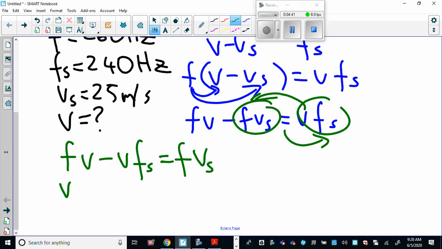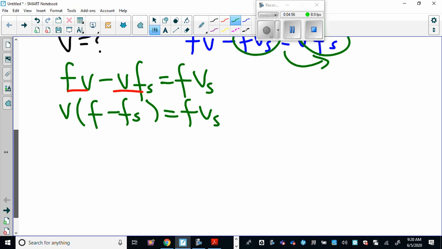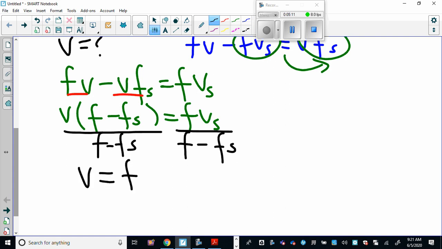So we can factor it out of these two terms, leaving us with F minus Fs. And at that point, we're going to divide both sides by this whole thing. And that's pretty much the answer to the question. So we get V equals F Vs over F minus Fs.